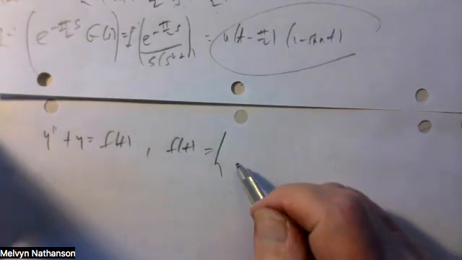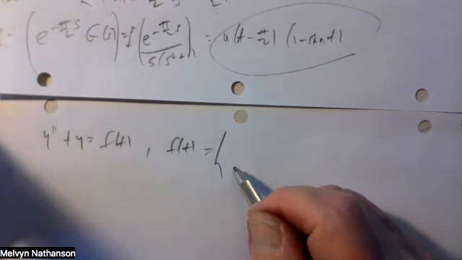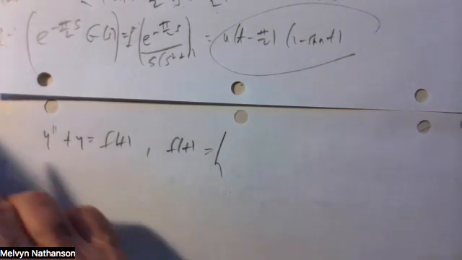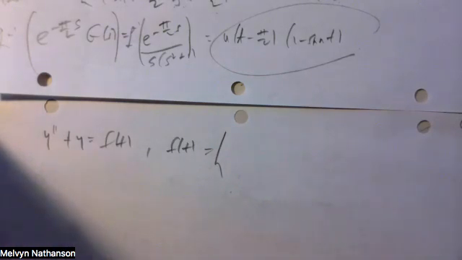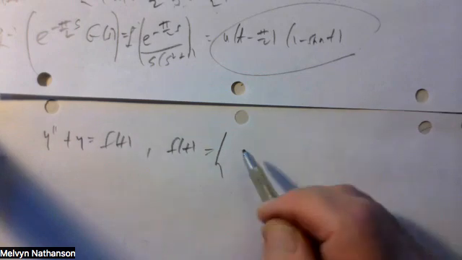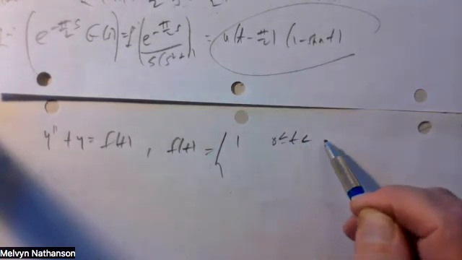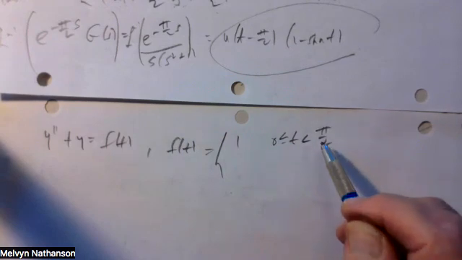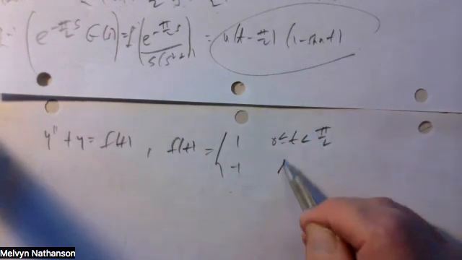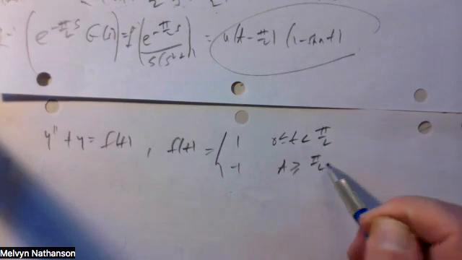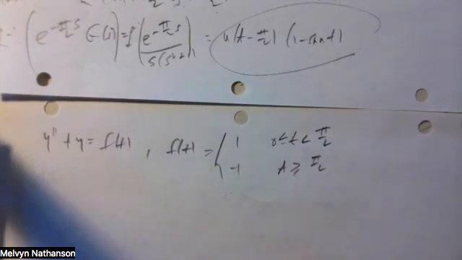It was equal to 1 for t between 0 and pi over 2, and minus 1 for t greater than or equal to pi over 2.